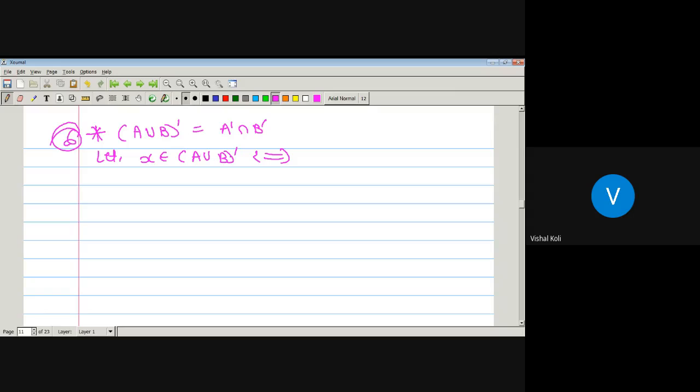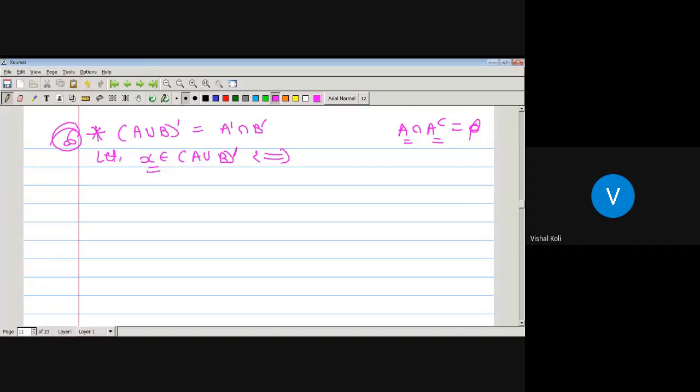As X is belonging to the complement of A union B, we know that a set intersection its complement must be equal to phi, that is, there is no element common between a set and its complement.